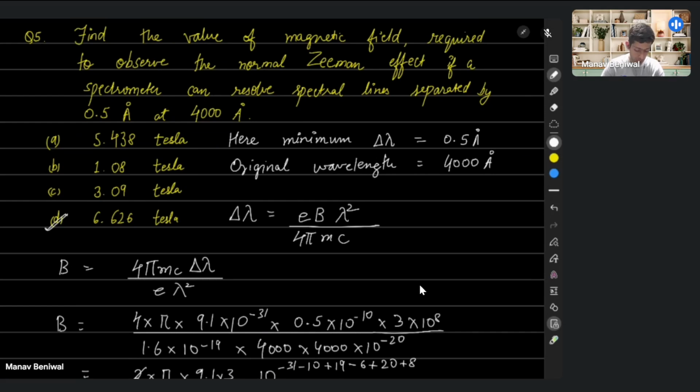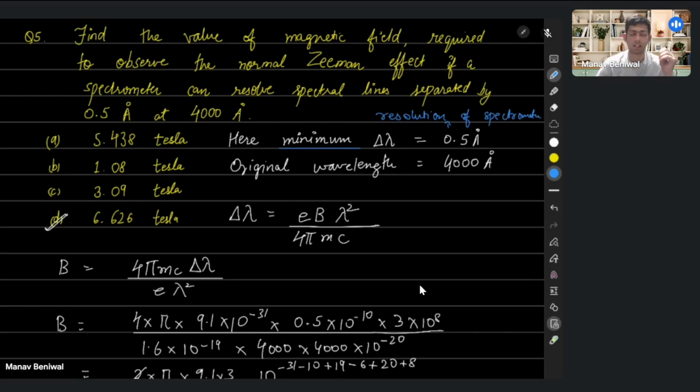So the minimum shift that should be there, therefore we have written minimum delta lambda, because this is nothing but the resolution of spectrometer.